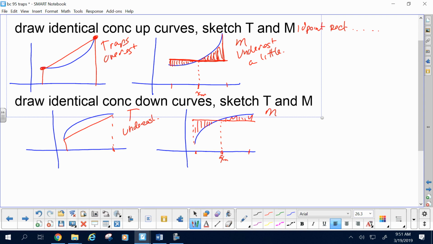Now in this case, it feels like the overestimate area. In this place, the midpoint line is greater than it should be, so we're overestimating here, underestimating there. But is the net result a little more overestimating or a little less overestimating? Is it overestimating or underestimating? It's overestimating a little.